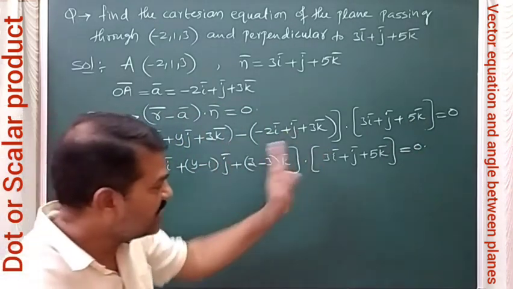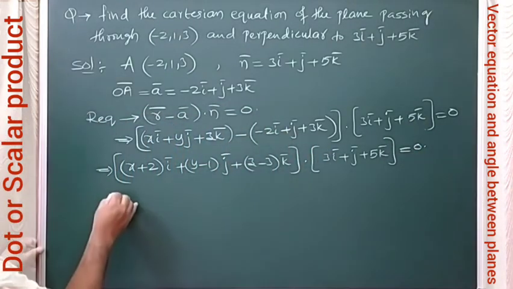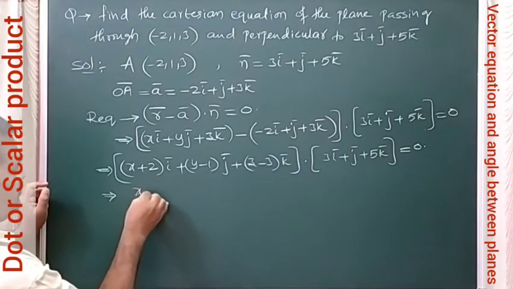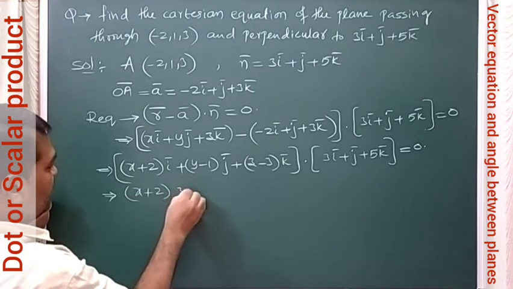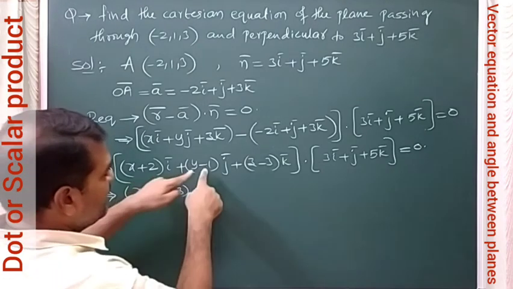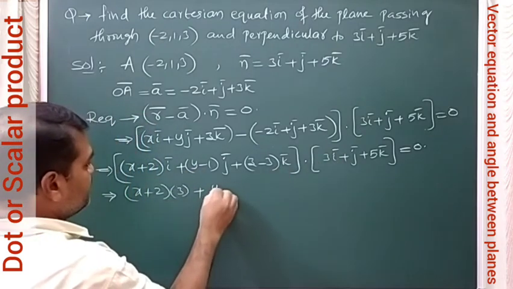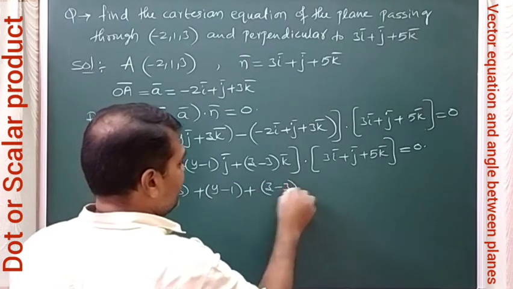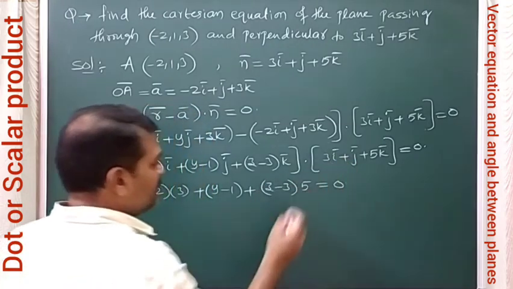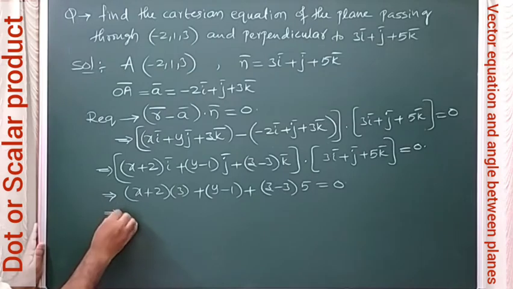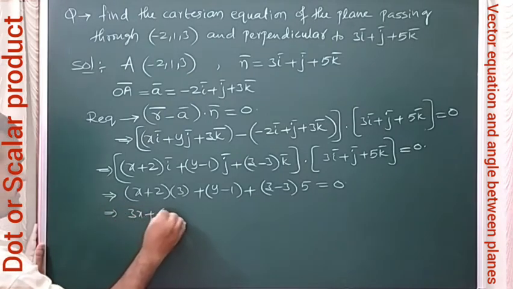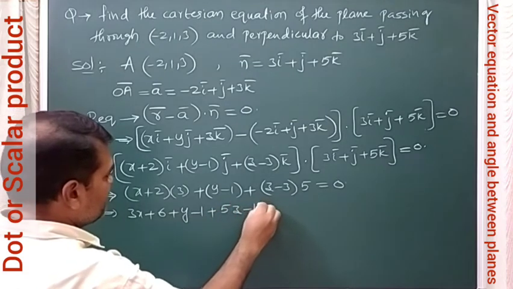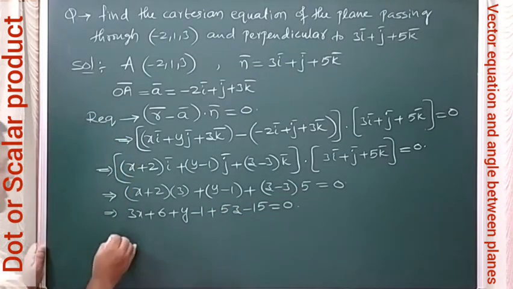Now we will do the dot product of these two vectors. Dot product of these two vectors means multiply i bar terms first: x plus 2 into 3. Multiply j bar terms: y minus 1 into 1. Multiply k bar terms: z minus 3 into 5 is equal to 0. Now simplify. You will get 3x plus 6 plus y minus 1 plus 5z minus 15 is equal to 0.